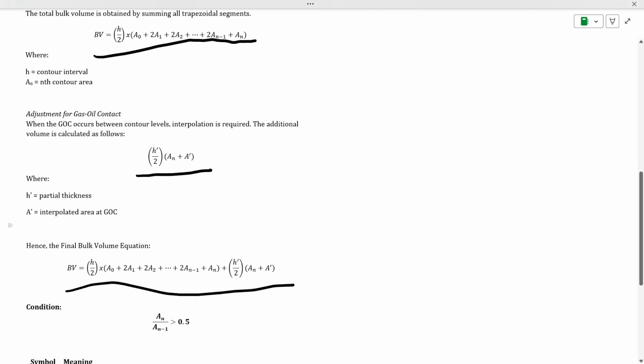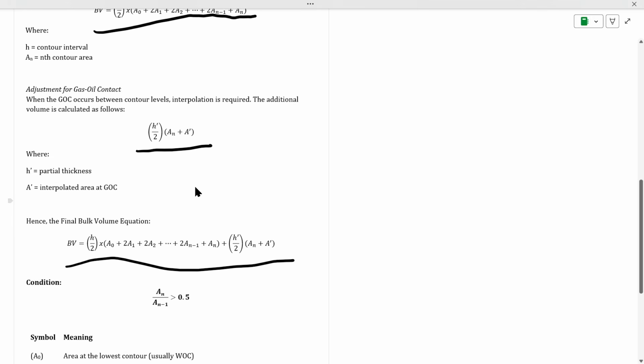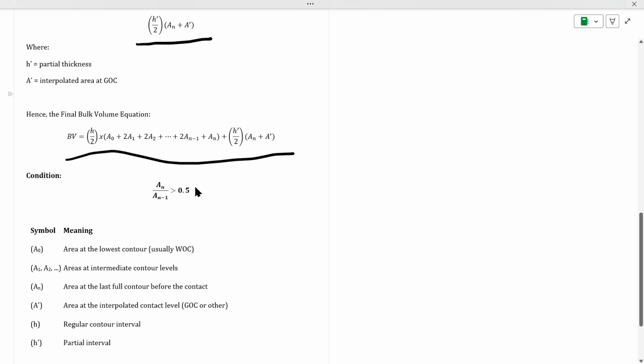And take note of the condition: the A sub n over A sub n minus 1 must be greater than 0.5. So this trapezoidal method formula is applicable only if the condition is satisfied, it should be greater than 0.5, if we get the ratio of the lower interval and the upper interval.